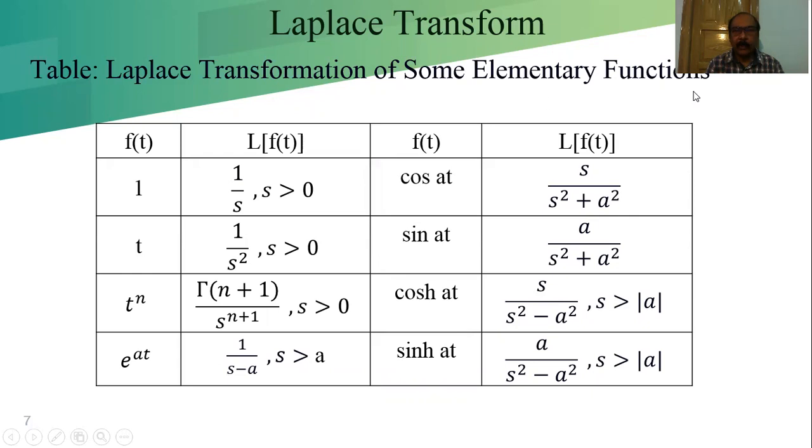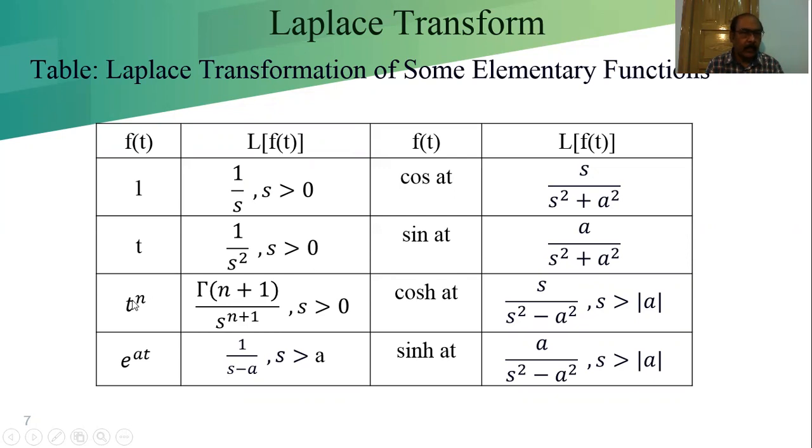Table for the Laplace transformation. So basic functions and their transformations are there in the table. When f(t) is equal to 1, Laplace transformation of f(t) is 1 by s, s greater than 0. When f(t) equals t, Laplace transformation is 1 by s square and s greater than 0.